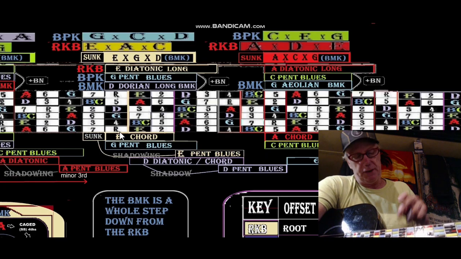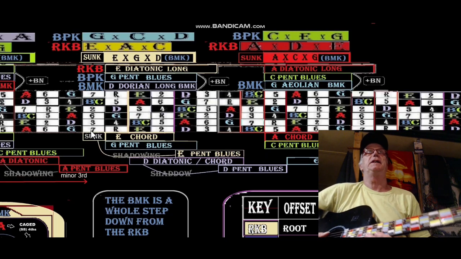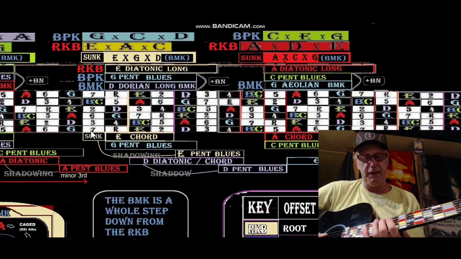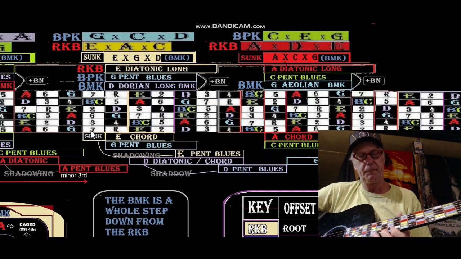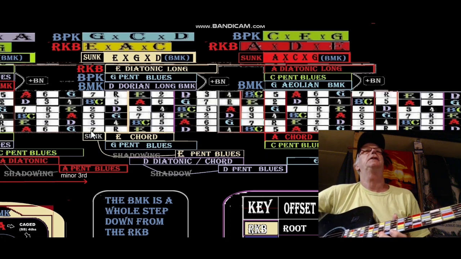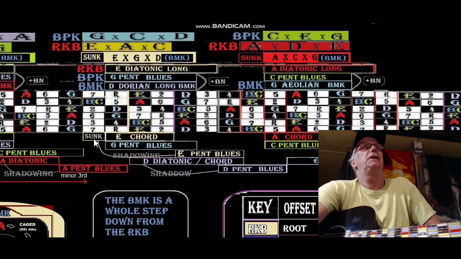So if we go an octave up, the 7th fret isn't sunken. So we can play a nice S4E. Okay, it's not sunken there. So that's just a little background on why it says sunken.